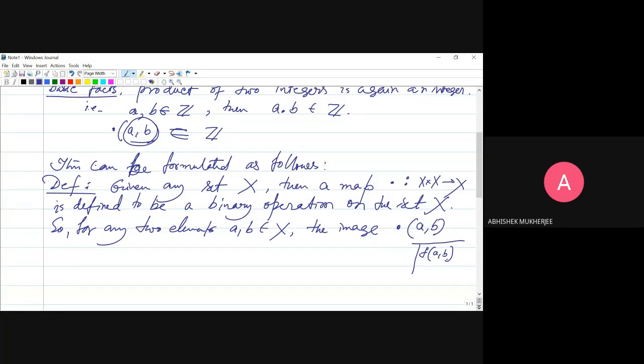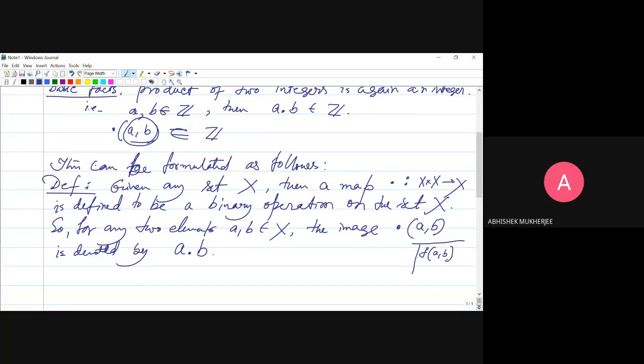So dot of (a, b) is denoted by a dot b. Therefore, a binary operation on a set is nothing but a map from the Cartesian product of X with itself into the same set X. That is, for any two given elements a, b, the image of the function will go to the set X.